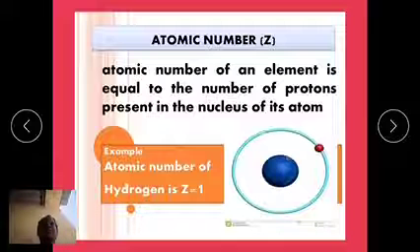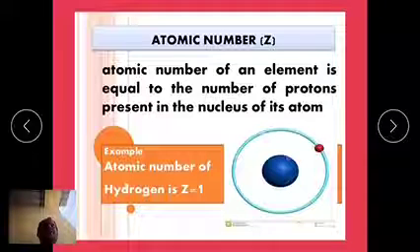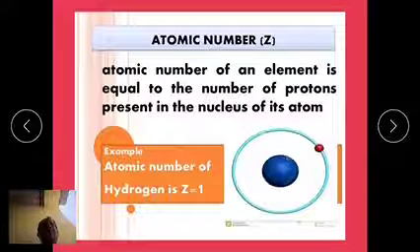Once again I am repeating, the number of protons present in the nucleus of an atom is known as atomic number. Generally it is denoted as Z. Mainly it indicates the number of protons present in the atom.